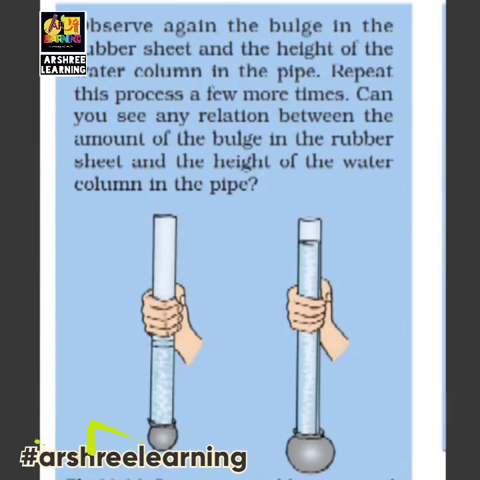Why do you think the liquid exerts pressure in the downward direction? It is because of the weight of the liquid, and the weight of every substance on the earth acts in the downward direction with the force of gravity. So the balloon in the tube swells up, and this shows that the liquid pressure acts in the downward direction.